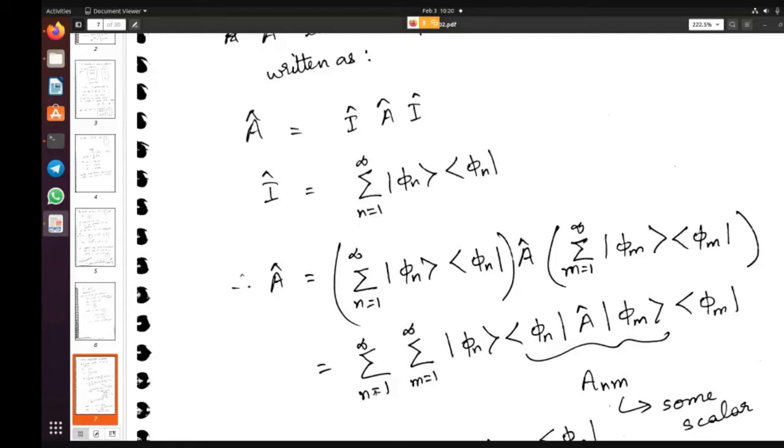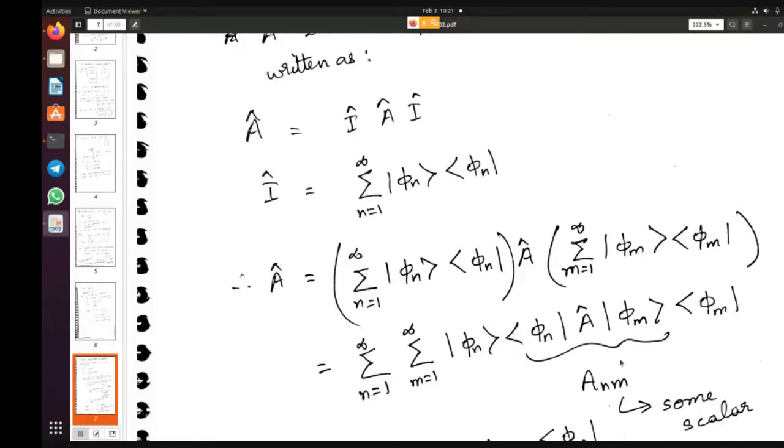So you have sigma n equal to 1 to infinity, sigma m equal to 1 to infinity. Then you are left with ket phi n, then the term A acting on phi m, that is A phi m, and then you have this term, which is bra phi m.